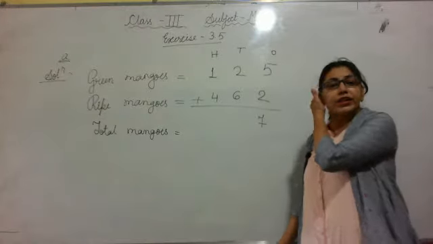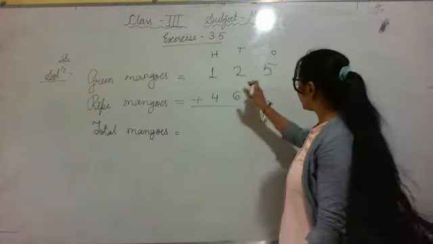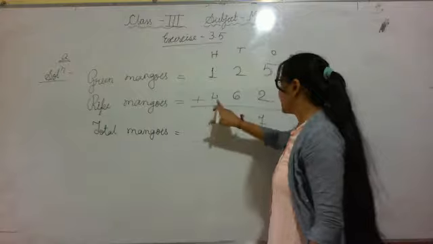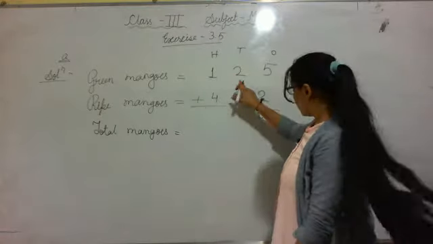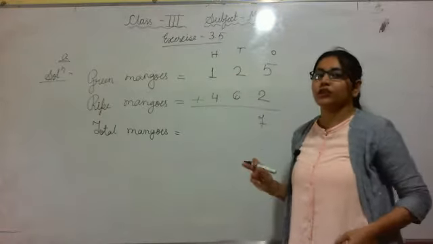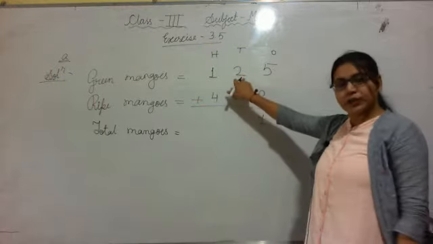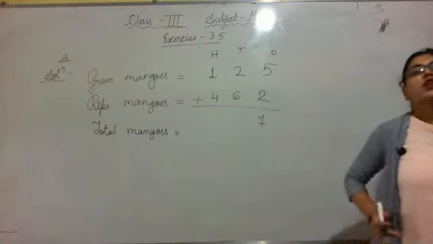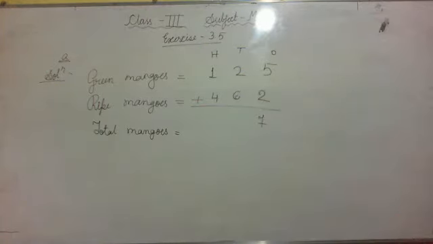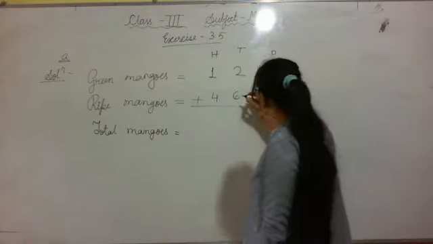Now we are done with the ones column, moving towards the tens column. 2 plus 6. All of you, first of all, open 2 fingers, dear students. Plus 6 is there, so open 6 more fingers.